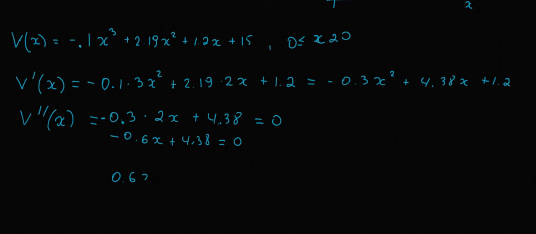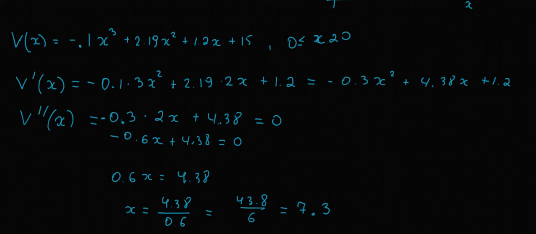0.6x equals 4.38, and so x will equal 4.38 divided by 0.6. In other words, 43.8 divided by 6. 42 divided by 6 is 7, and then 1.8 divided by 6 is 0.3.